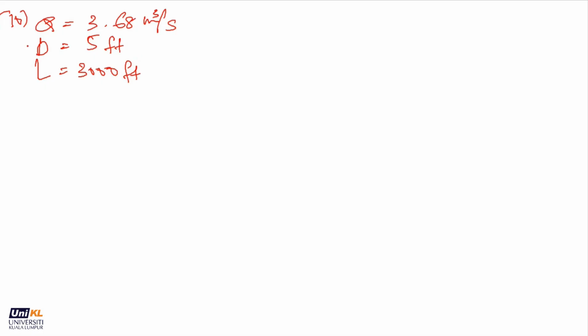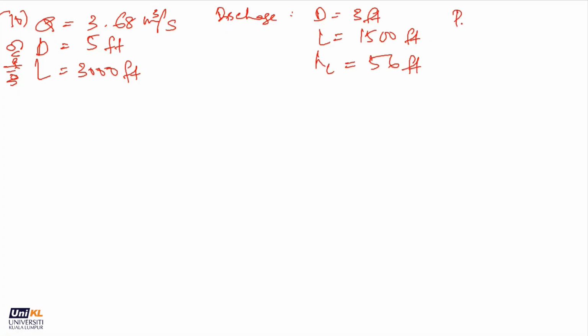In discharge, okay, this is the suction, okay, for discharge the diameter is 3 feet and the length is 1500. The total head loss, alright, so P1 350, which is 15 feet higher than the entrance. So draw the picture.